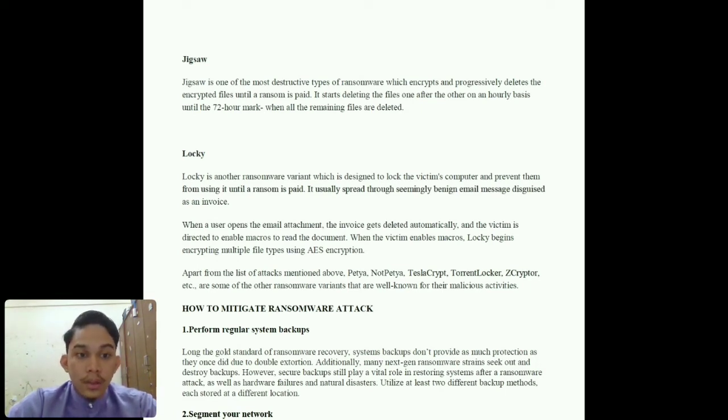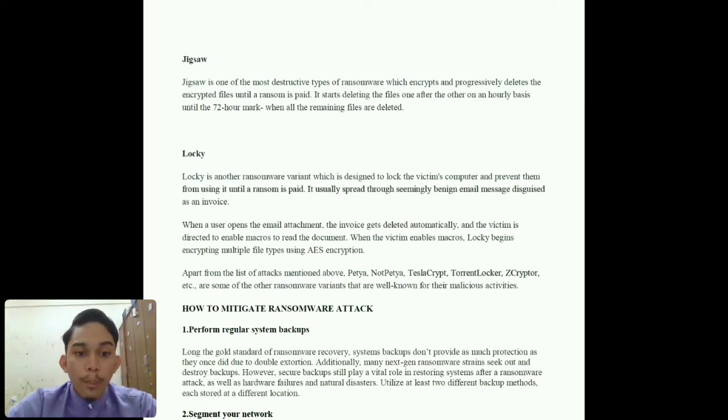Locky. Locky is another ransomware variant which is designed to lock the victim's computer and prevent them from using it until a ransom is paid. It usually spreads through a seemingly benign email message as an invoice.